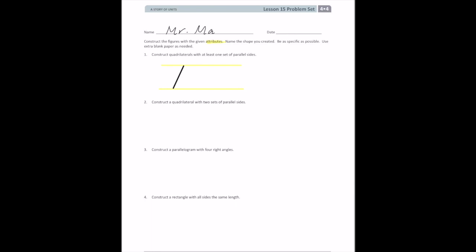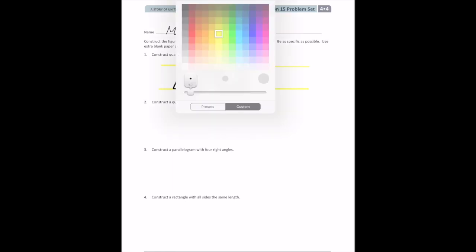You can have one that could be a rhombus. Okay, and again, you're trying to make sure they all connect. You could have one that's a square. Okay, you might have something that is, I'm using this yellow parallel line to show you that there are various types of quadrilaterals that qualify for this.